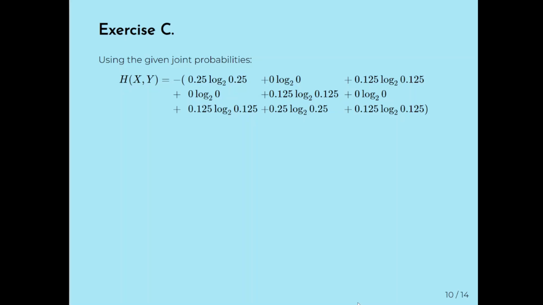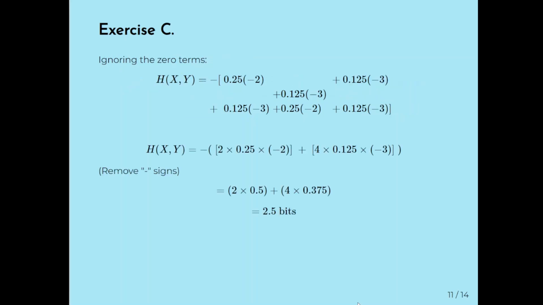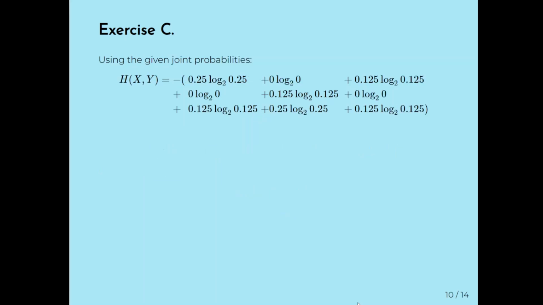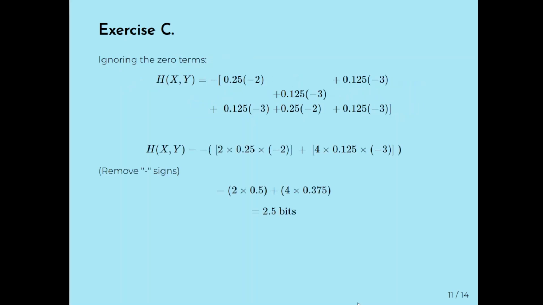We're going to disregard the zeros completely. So we have to calculate log of 0.25 to the base 2 and log of 0.125 to the base 2, and that is minus 2 and minus 3 respectively. This speeds up a lot when we aggregate all the similar probabilities.